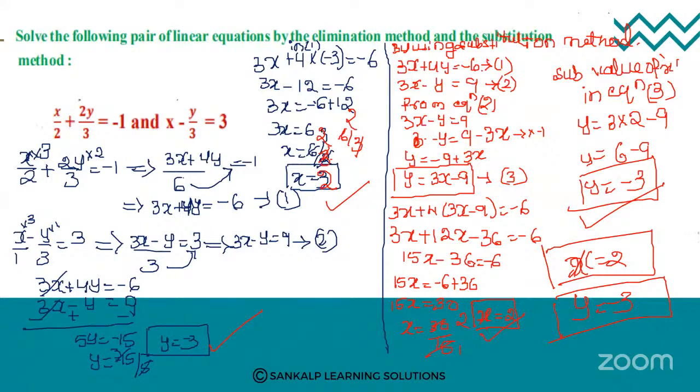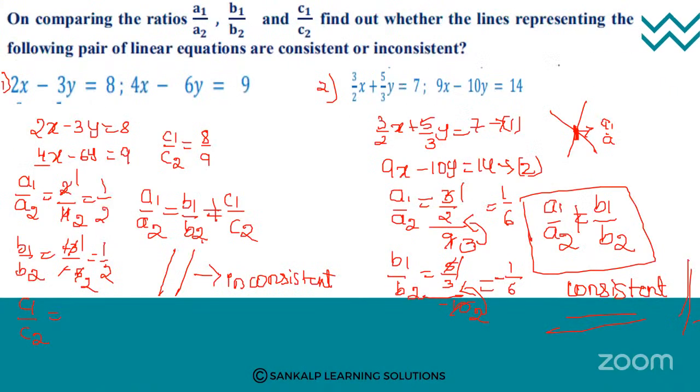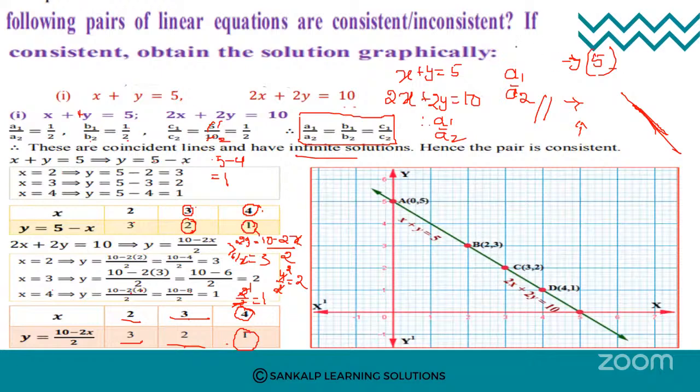If they ask only for the elimination method, then this can be asked for 2 marks. Only substitution, that is for 2 marks. If they ask for both the methods, that question can be asked for 4 marks. And the graphical method, this question fixed means 100% they will ask it for 5 marks.